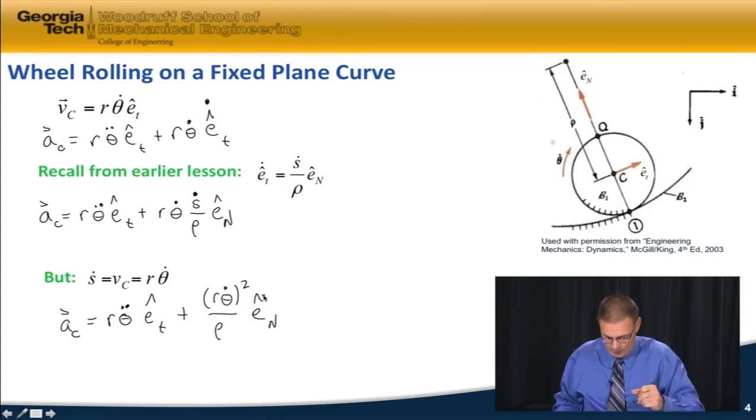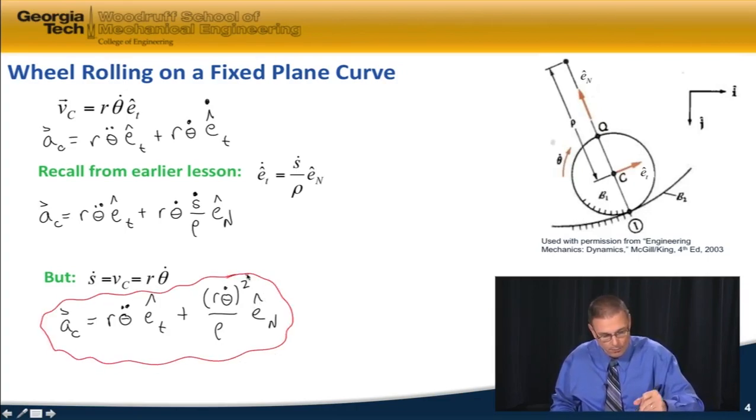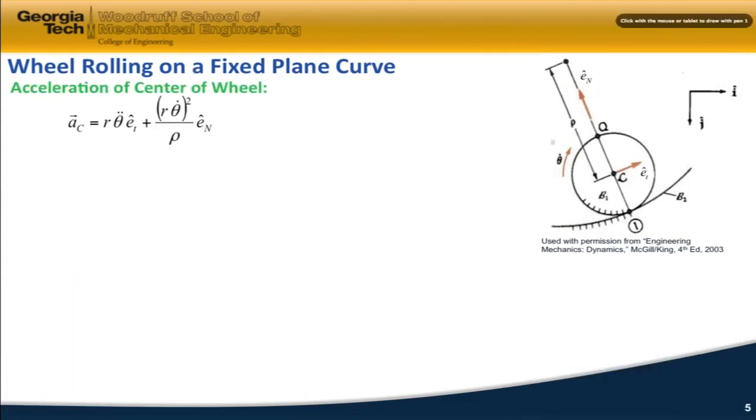So now we have the acceleration of the center of the wheel, which includes both a tangential component and a radial or normal component directed radially inward.